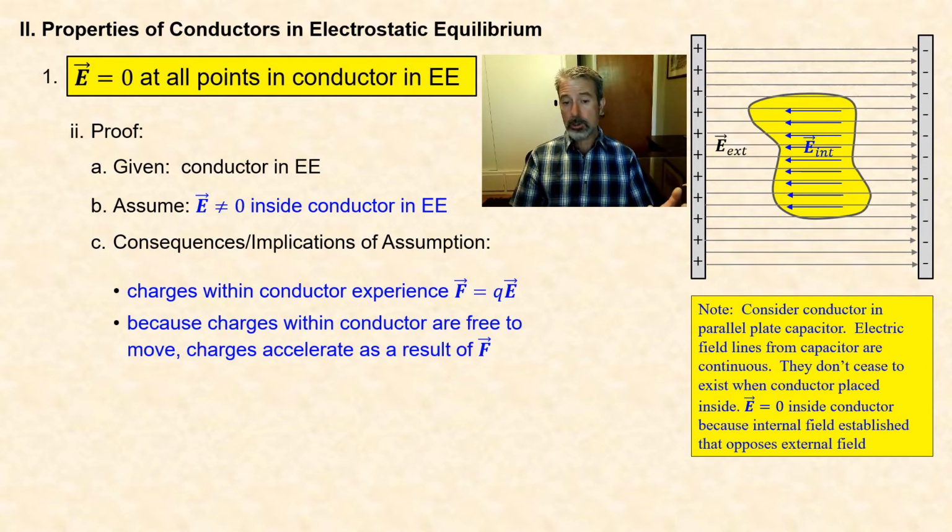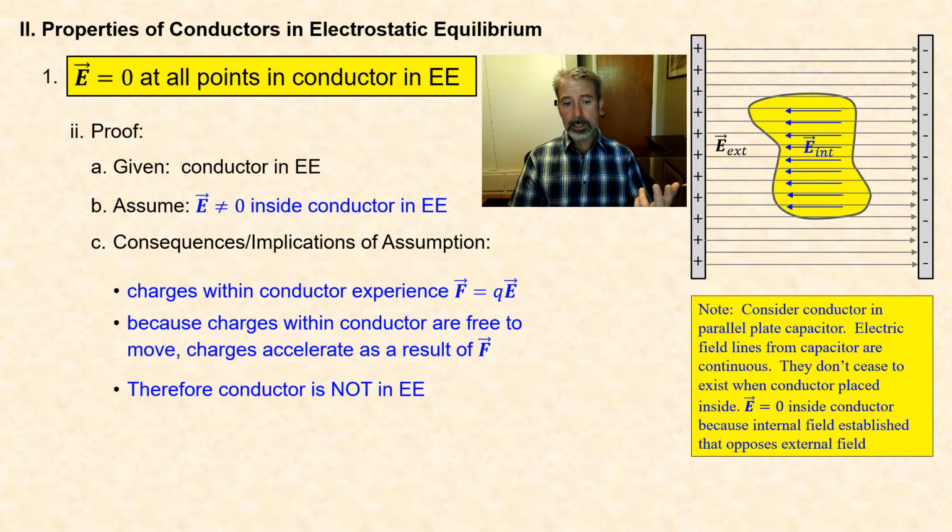Because charges within the conductor are free to move, we know according to Newton's second law that the charges would accelerate as a result of this net force acting on them. Therefore, that violates the definition of electrostatic equilibrium, so the conductor could not be in electrostatic equilibrium.